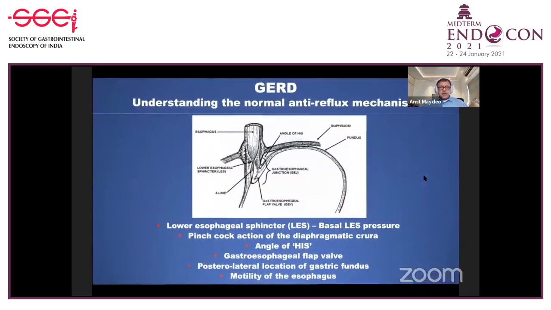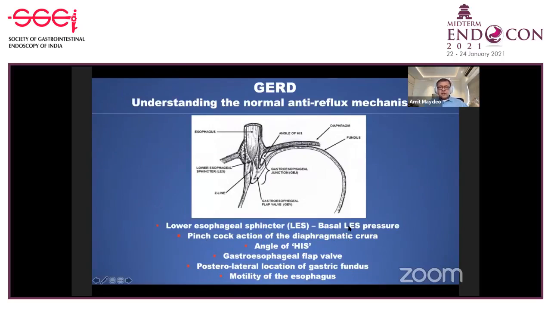We have to understand that the normal anti-reflux mechanism in the human being is not so simple. It is not just pulling the fundus inside the tunnel and you create a fundoplication. Because the normal anti-reflux mechanism is because of these 6 factors. Number 1 is the basal LES pressure. Number 2 is the pinchcock action of the diaphragmatic crura.